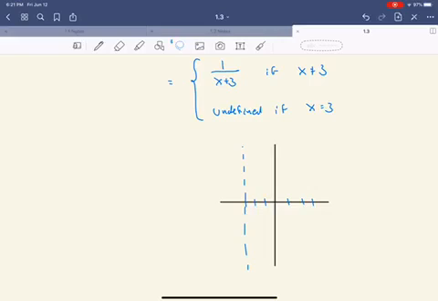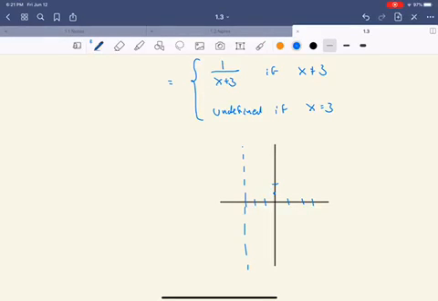Okay, so now what's going to happen? Now, when x is 0, I'm going to get 1/3. So let me put that point here. When x equals 3, this value is going to give me 1/6.